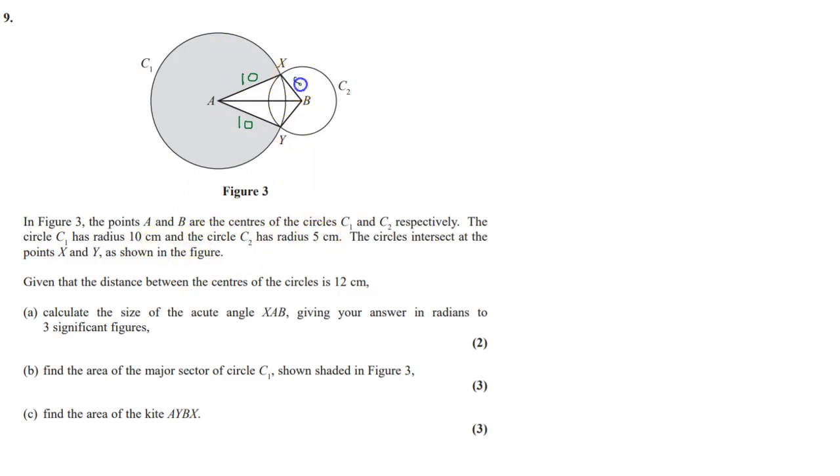And C2, the radius is 5. They intersect at points X and Y. Given that the distance between the two centers is 12, this distance AB is 12 centimeters. Calculate the size of the acute angle XAB. XAB, this angle.